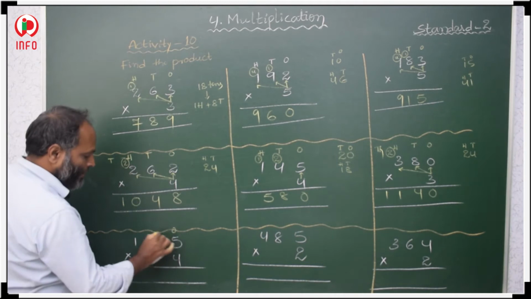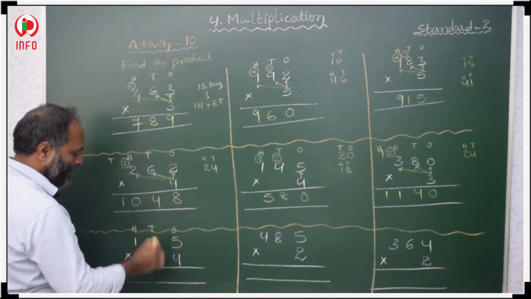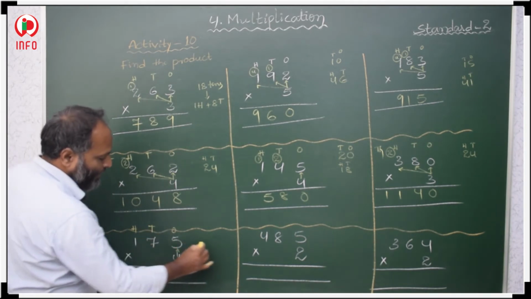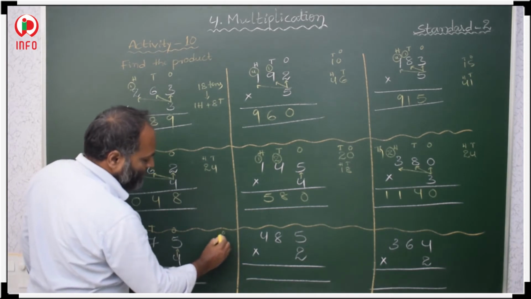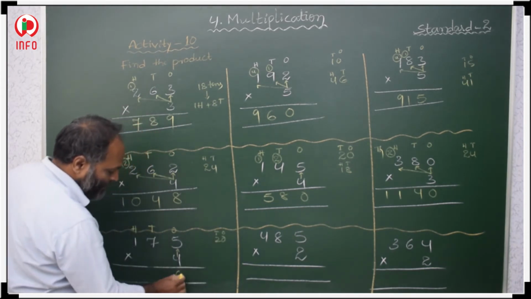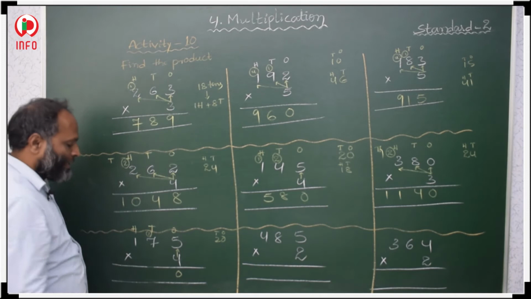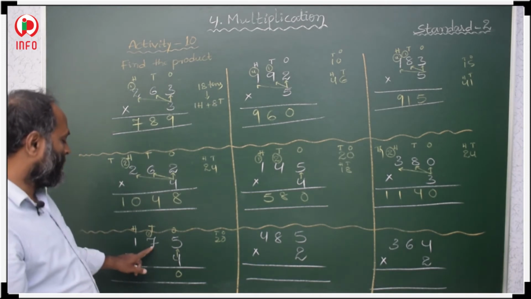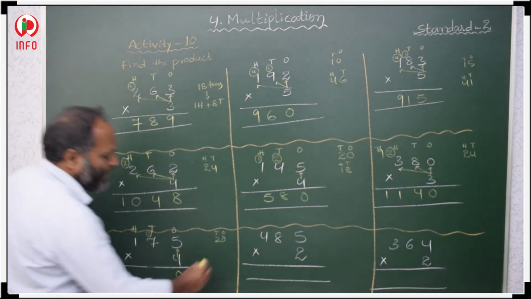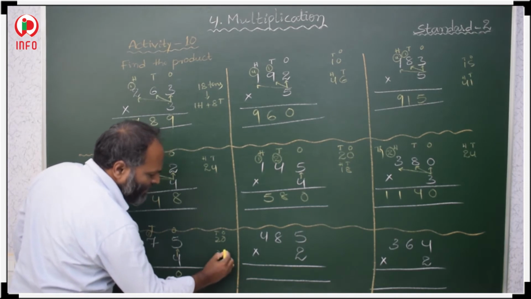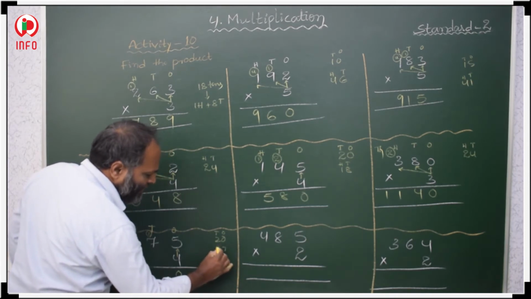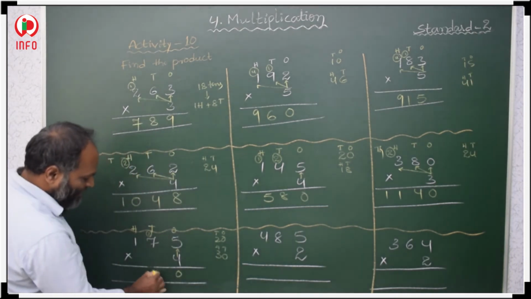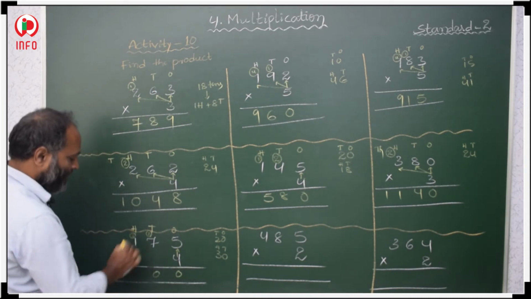ones, tens and hundreds. First 4 with 5, 4 5s are 20 ones, 0 ones and 2 tens. 2 carry over on tens place, 4 7s are 28, 29, 30. 30 tens means 0 tens, 3 hundreds. 0 in tens place and 3 carry over on hundreds place.